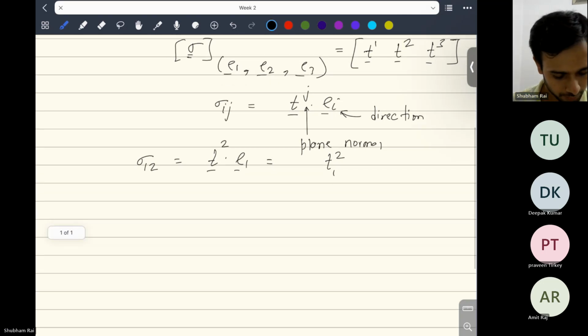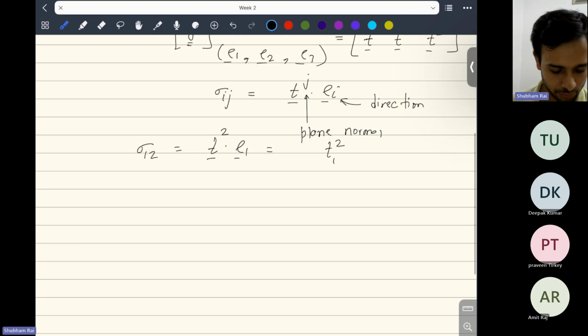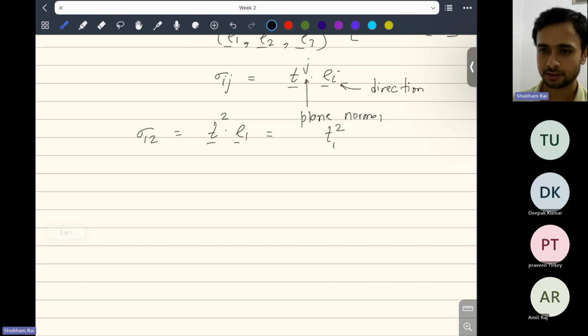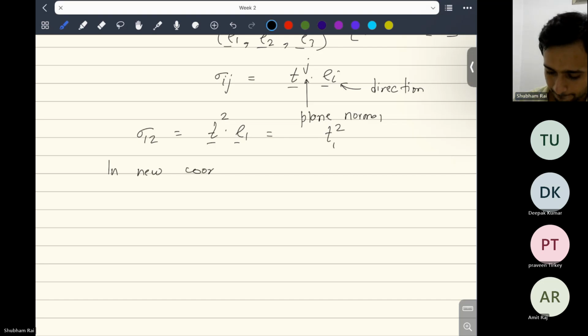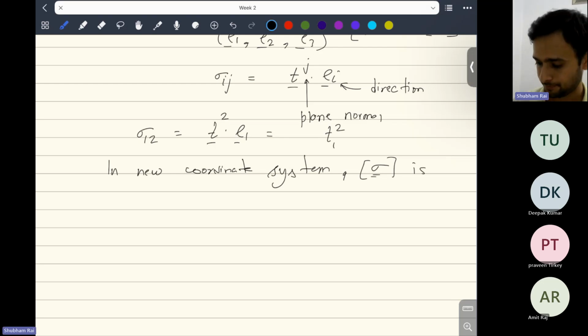Now, let's say we want to rotate this stress tensor. So how will we do that? So let's say in the new coordinate system, sigma is denoted by sigma ij hat.